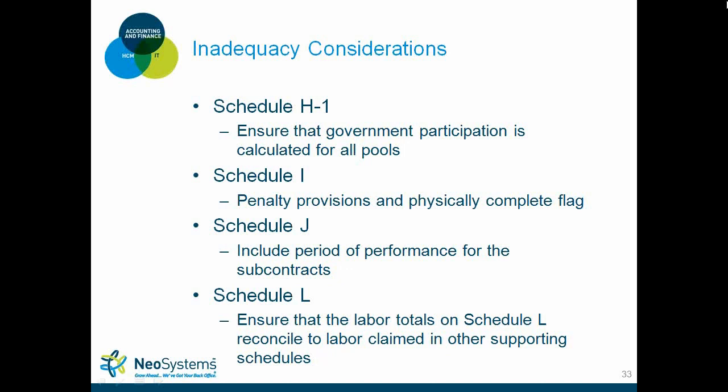For Schedule J, including the period of performance for the subcontracts, your subcontractors, please make sure that you do that. And if you're not doing it now, make sure that you're keeping track of that. And I believe the last one is Schedule L, which is ensuring that the labor totals on Schedule L are reconciled, and they're also coming from the other schedules.